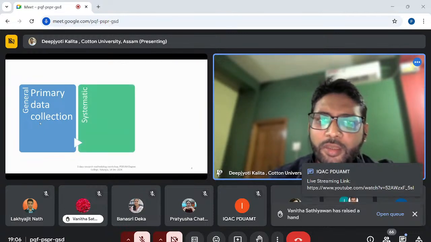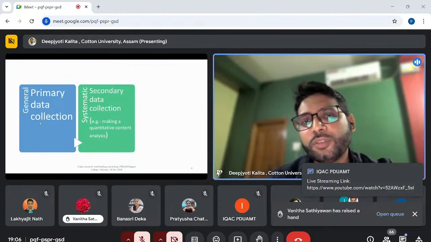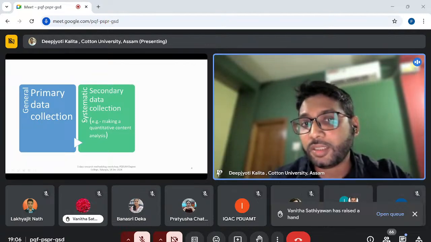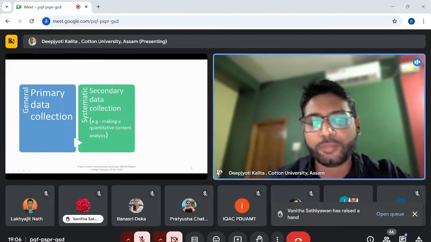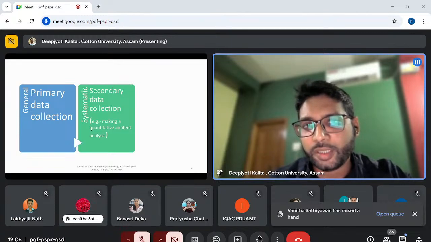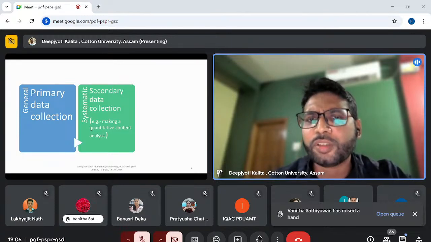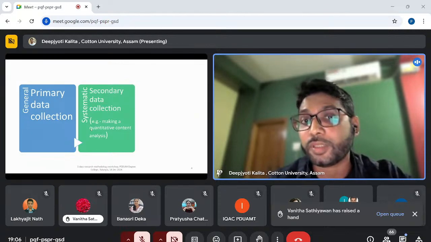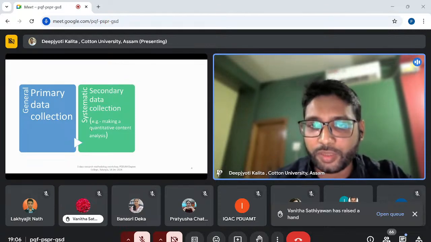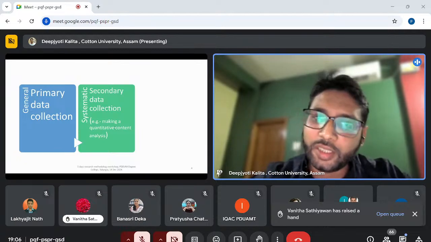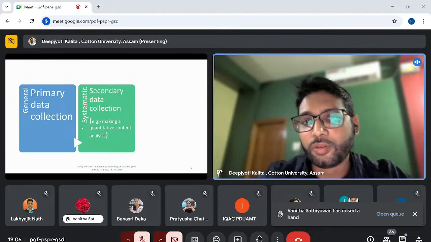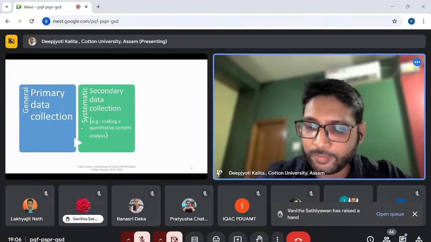But nowadays, in a more systematic way, it is also utilized as a secondary data collection tool. For example, content analysis is a very important trend of research nowadays. Suppose you are from mass communication and journalism or from environmental studies and you want to cover how human-elephant conflict has been covered in the newspapers of Assam, because nowadays human-elephant conflict is on the increase. In such cases, people use a certain set of questions to collect that content-related data for their analysis.